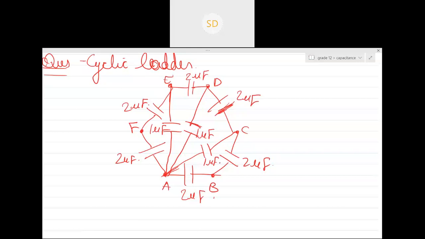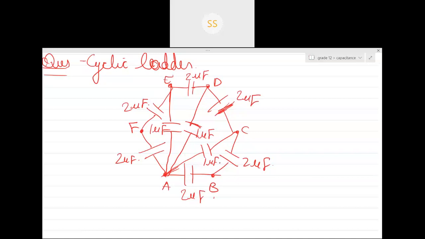Final answer will be 2. Between which 2 points do we have to find? AB. Find the net capacitance across A and B. Is it 2? Oh, sorry, not 2. 4. Yeah, the final answer is 4.